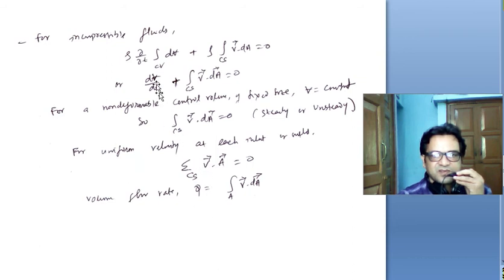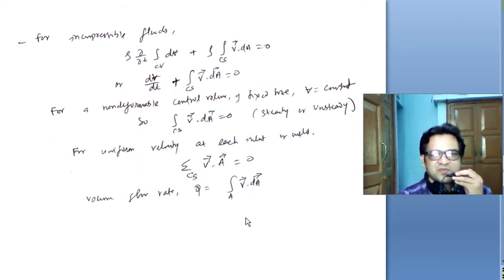So we see that from the integral form we got the algebraic form. We have to find out the mass flow rates or volumetric flow rates at each inlet, and similarly at each outlet, and the summation of all of them, depending on whether it is incompressible or compressible flow, whether density remains constant or varies.